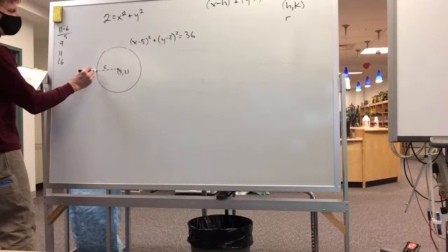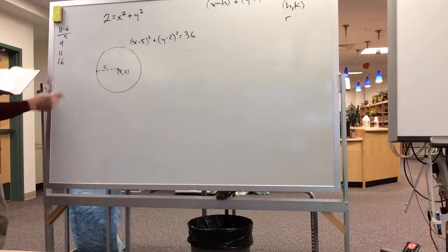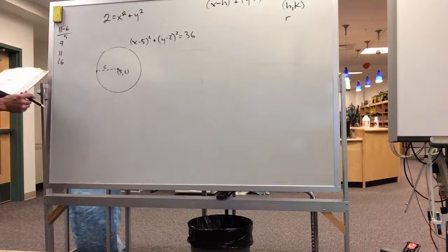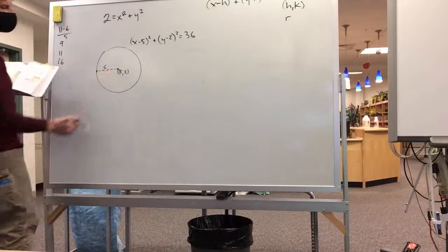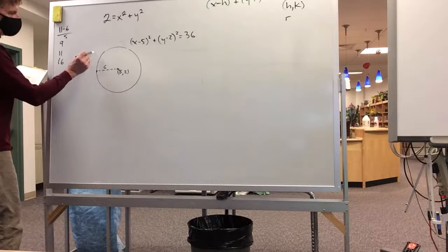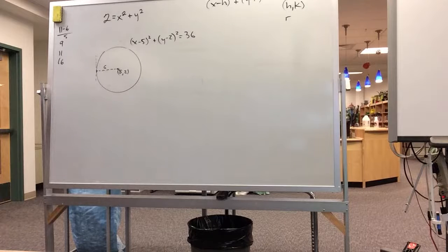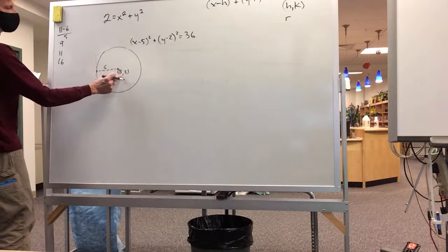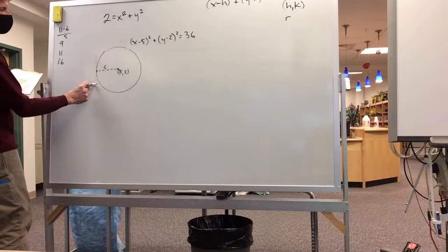So that means that this edge right here is where relative to the x-axis? -1, because here's a radius of 6, this point is 5. If you count back 6, that's at -1.